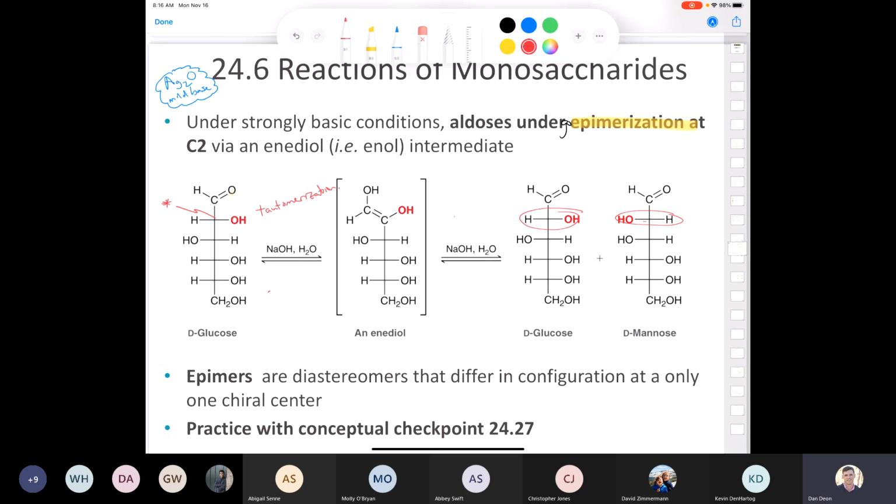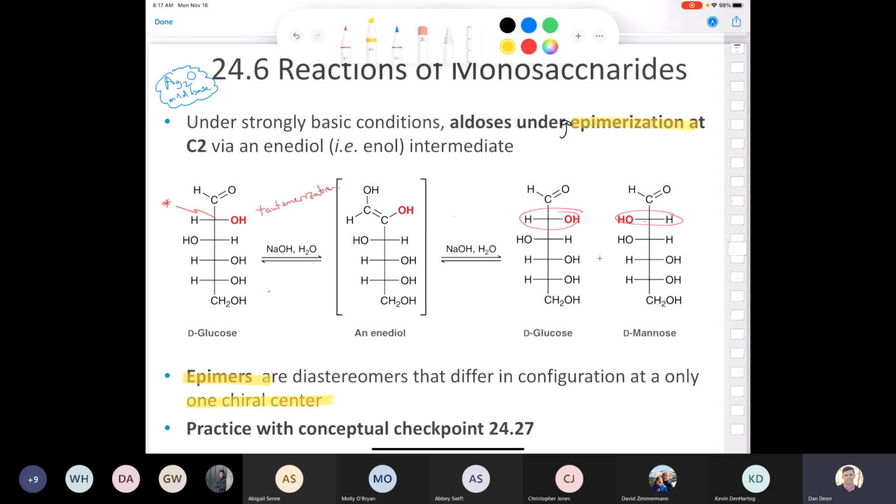So if racemization is occurring at one stereocenter, we call those diastereomers epimers. And if you're like, why couldn't you just call them diastereomers? Because all the chiral centers are the same here, but they're different here. That's what you taught me before, way back in chapter 5. You said, well, if you have everything the same, but then one different stereocenter, you would call them diastereomers. But we can go one better, and when we have a diastereomer that differs in its configuration at only one chiral center, these are called epimers.